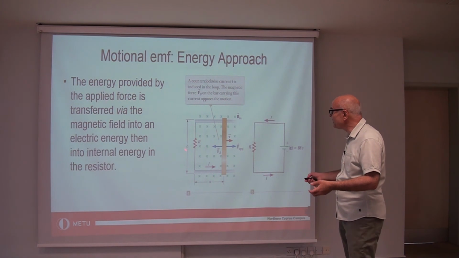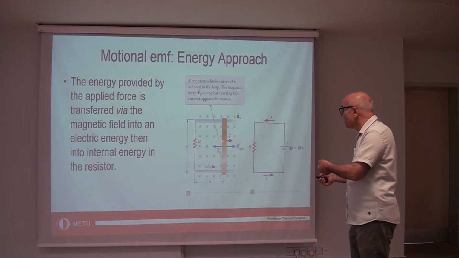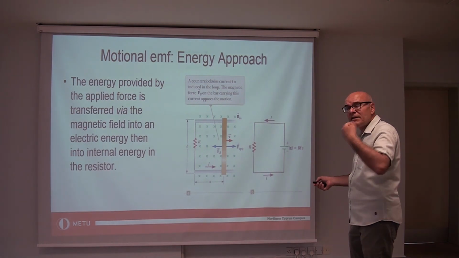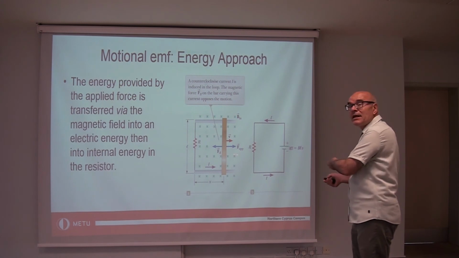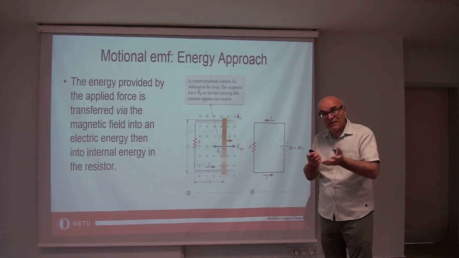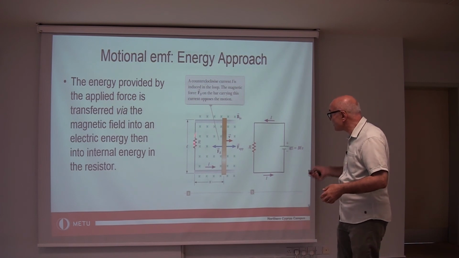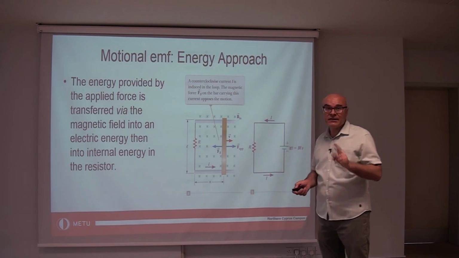So the energy that is needed to work any device here is provided by the work done by the applied force on this bar, making it move. And to have this happen, you must have this setup in the presence of a magnetic field.